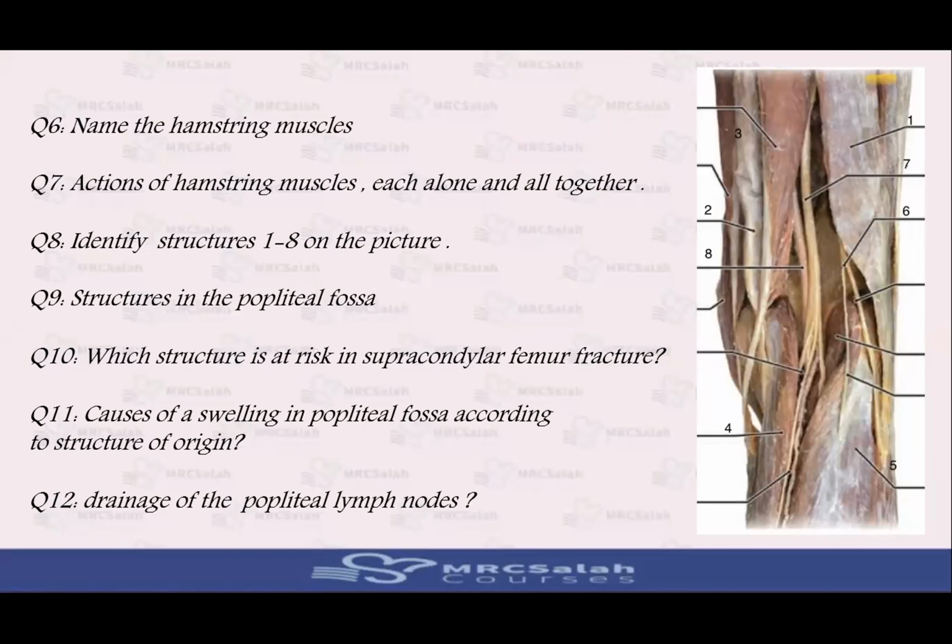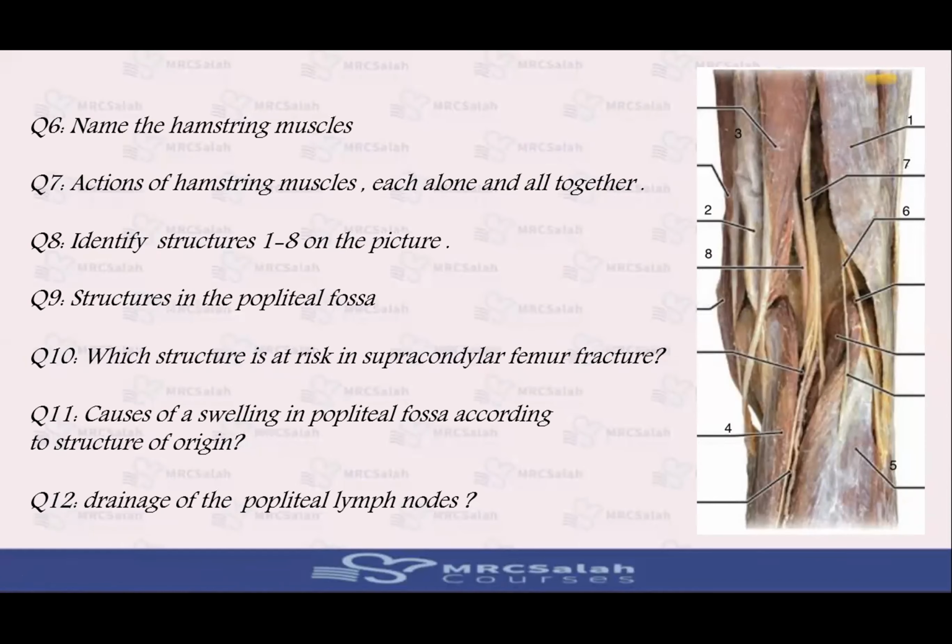When we come to the previous station about the common peroneal nerve, concentrate, because they zoomed on the knee from behind. So identification first will be the common peroneal nerve. If you don't know which nerve, say common peroneal.